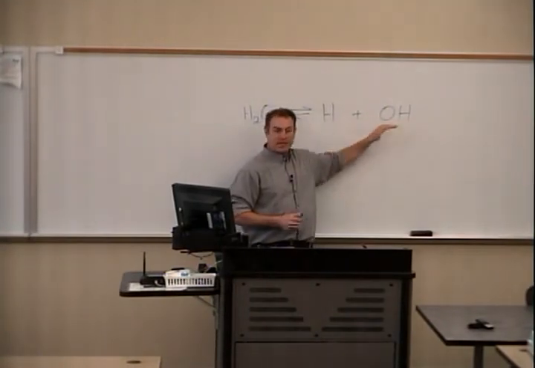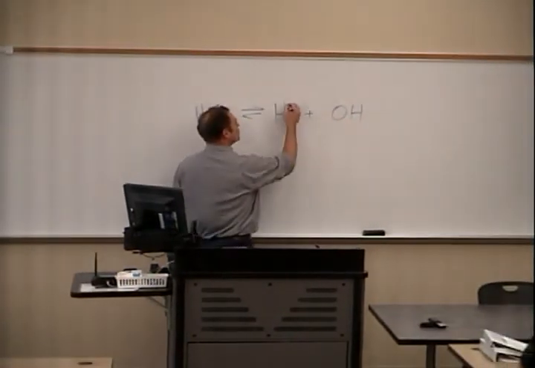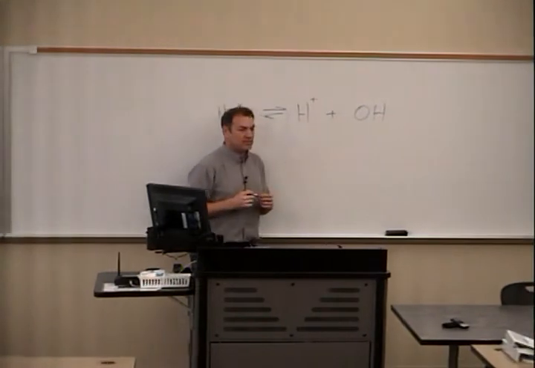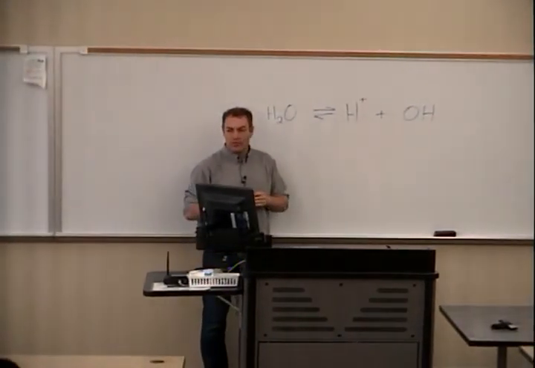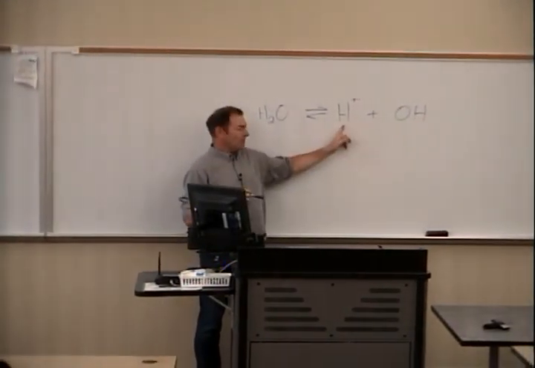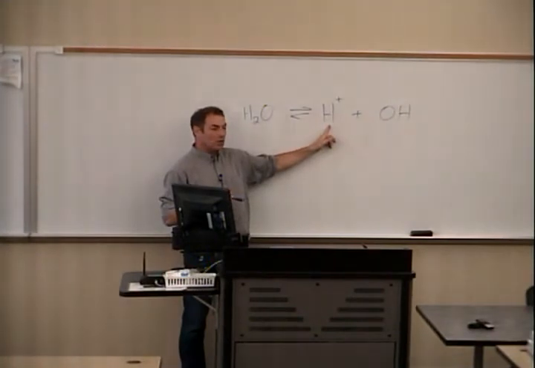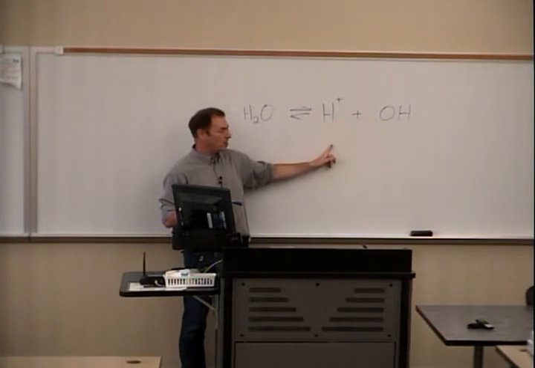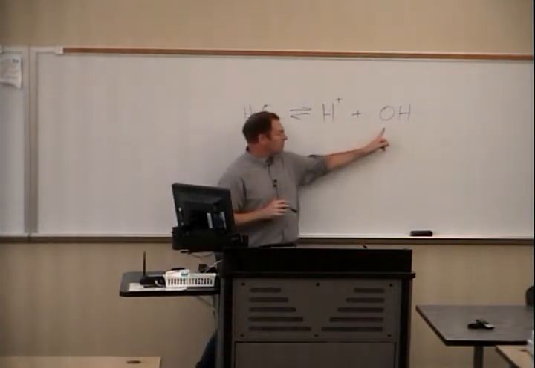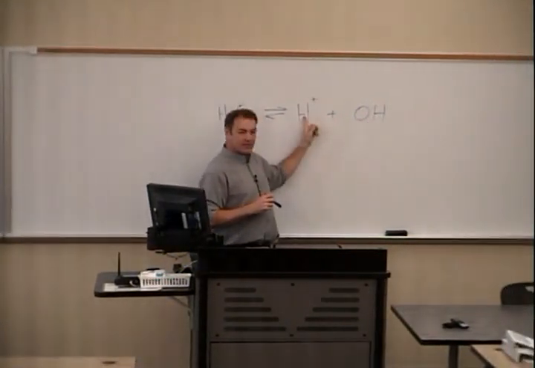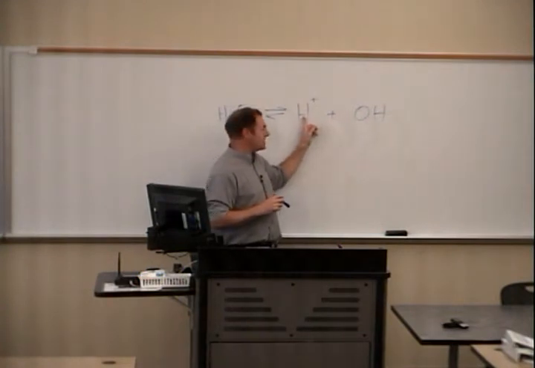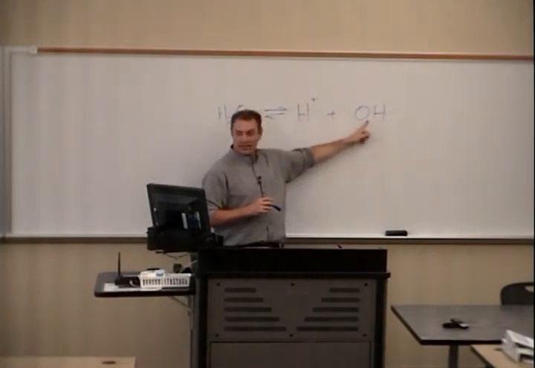Now, when we do that, the hydrogen has a positive charge, because it's just a proton. We can call this a hydrogen ion, or we can call it a proton. I'm mostly going to call it a hydrogen ion. When it disassociates, this hydrogen leaves its electron behind with these guys.